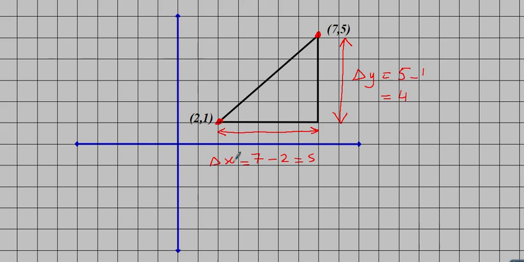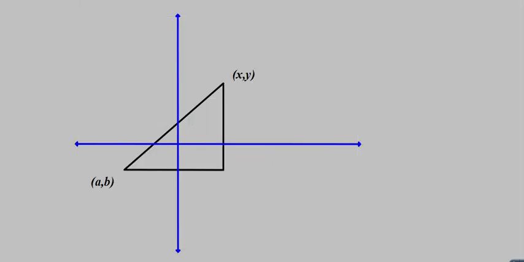If we want to generalize this, the vertical height can be found by subtracting the y coordinates, and the horizontal distance can also be calculated by subtraction.